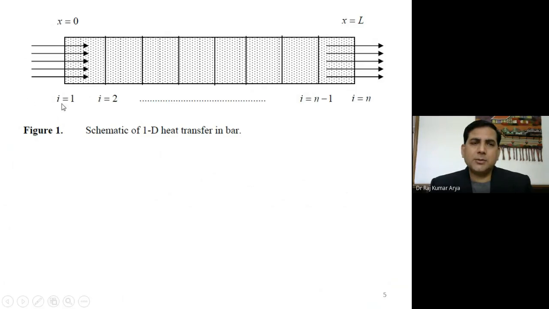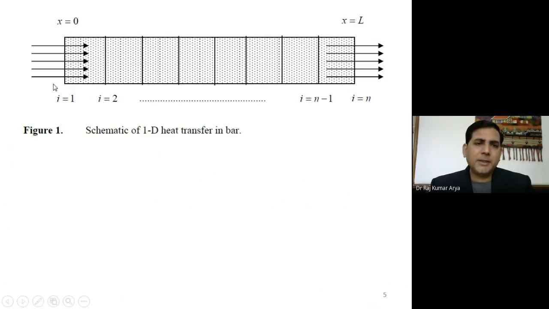So what you have here, in this case, at this boundary at x equal to 0, you know here what the temperature is. Let's say we are solving it for the temperature case. So here we know the temperature value, or let's say the derivative. Conditions are known to us.